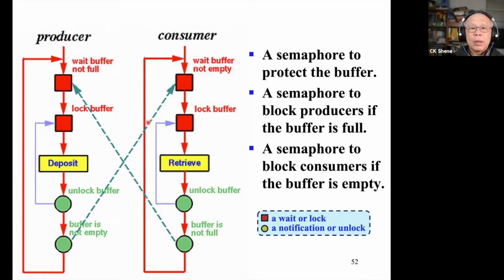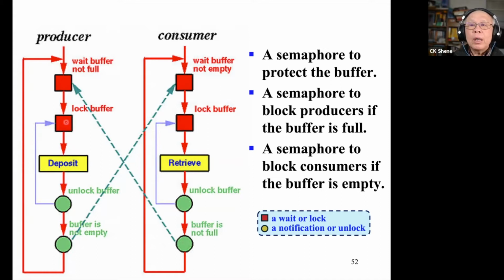So let's analyze the producer first. When a producer comes in, it waits for the buffer to be not full, as we mentioned earlier. Now, if the buffer is not full, the producer can continue. Continue to do what? To do deposit.